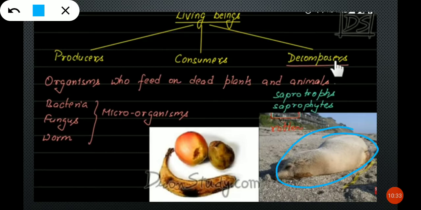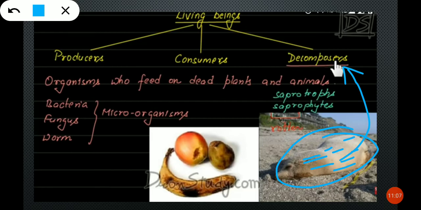These decomposers break down the complex substances which are in their bodies. They break down the complex substances into simpler substances, that is nutrients. So those simple substances are called what? Nutrients, which are useful to the decomposers, because they can't take those complex substances inside as food.